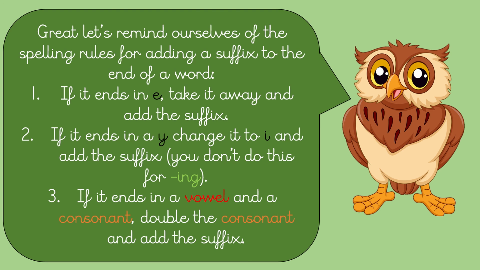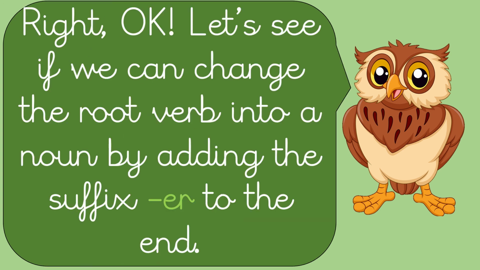Number 3, if it ends in a vowel and a consonant, double the consonant and add the suffix. Right, okay, let's see if we can change the root verb into a noun by adding the suffix "er" to the end.